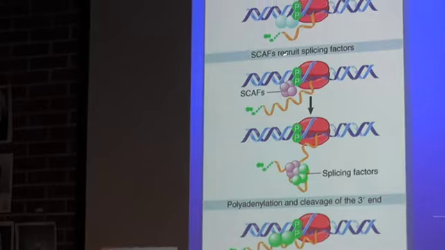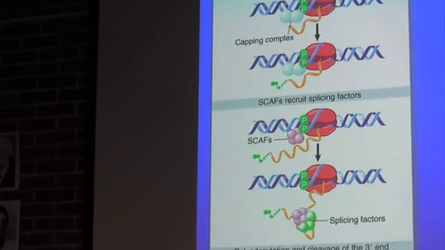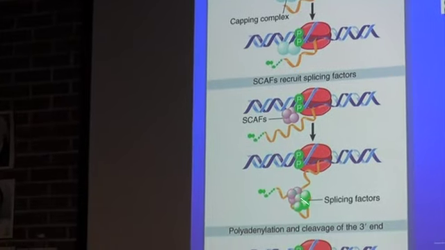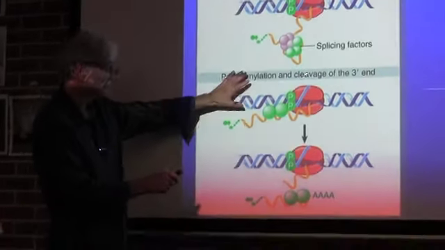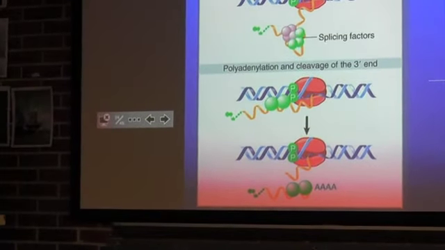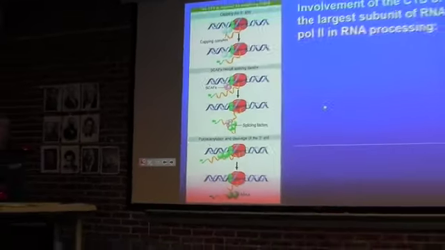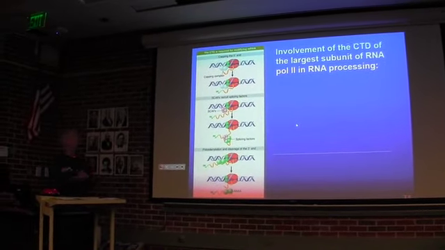Then you get SCAFs, an intron processing, splicing complex, and then the polyadenylation and cleavage complex eventually joins. These are the major complexes that bind to the carboxy-terminal domain of the polymerase.